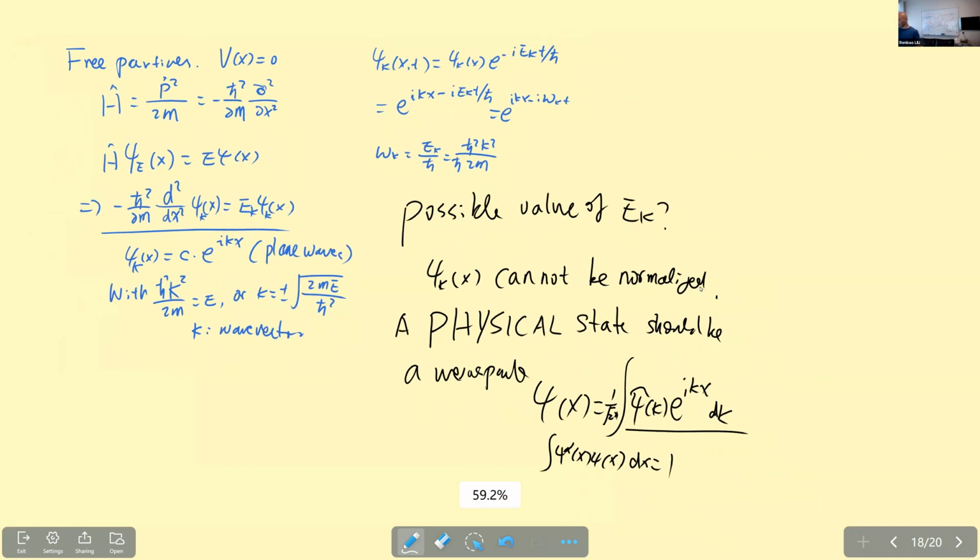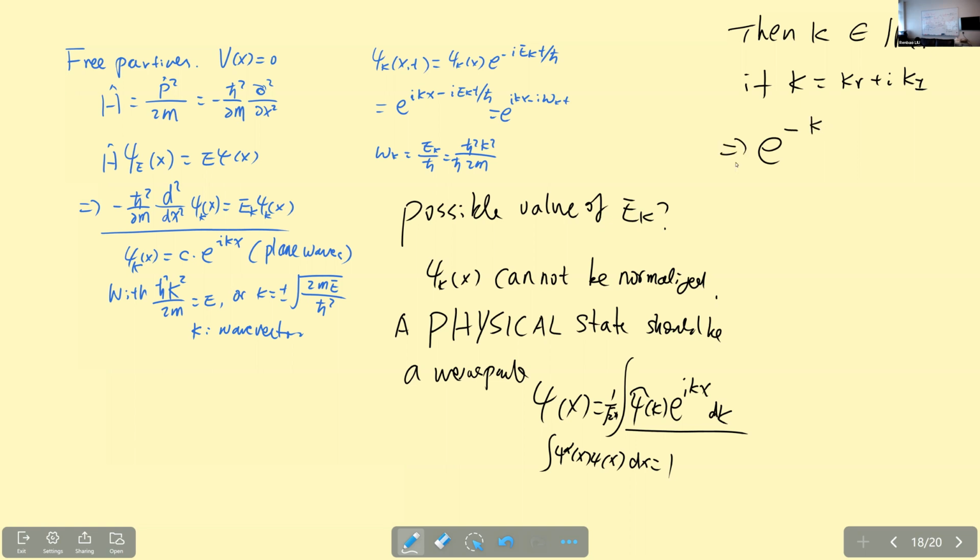But then to have this, that means this k must be a real number. If it's not a real number, if k is imaginary, you get something like this, which will go to infinity if x goes to infinity.